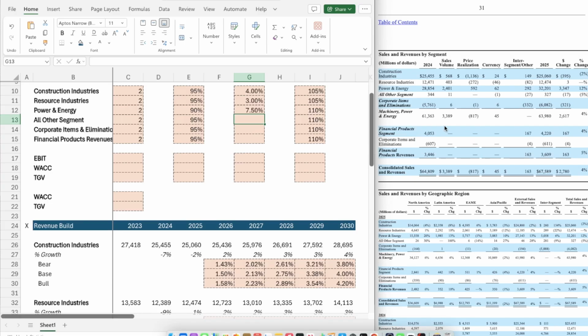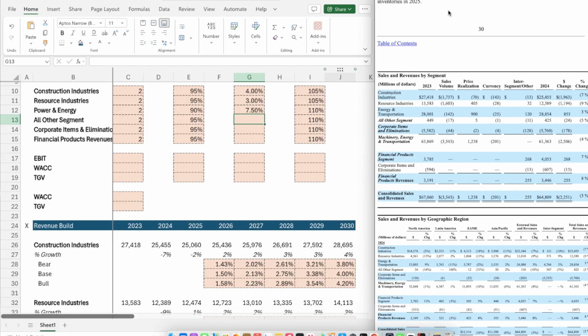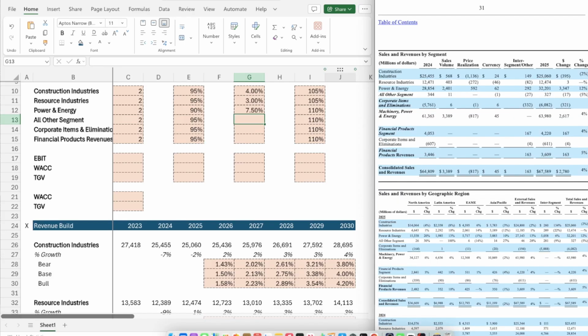For all other segments, this is a very small part of the company. And let's just put within 20, minus 5%. Go.